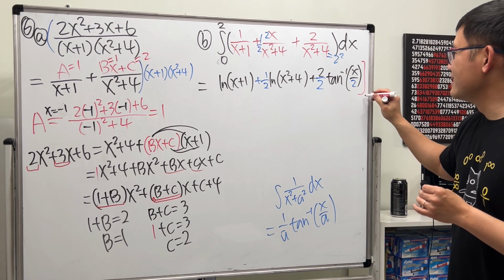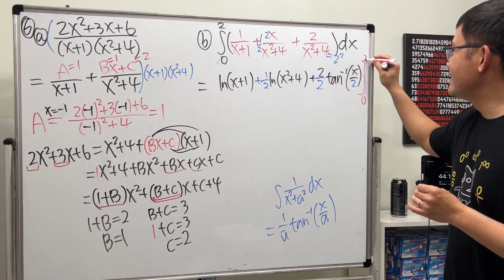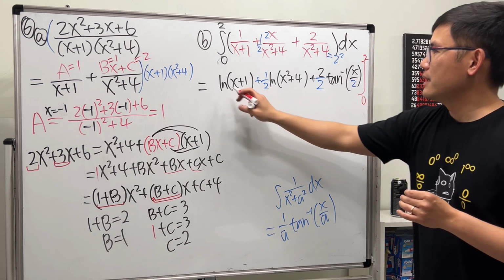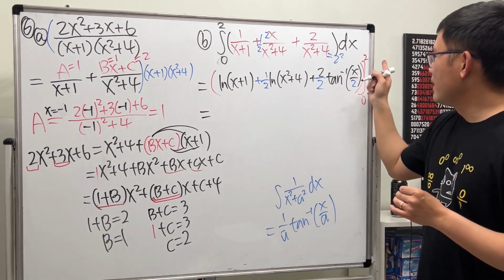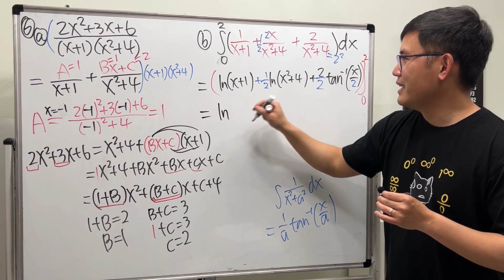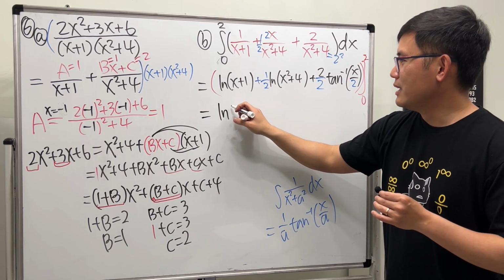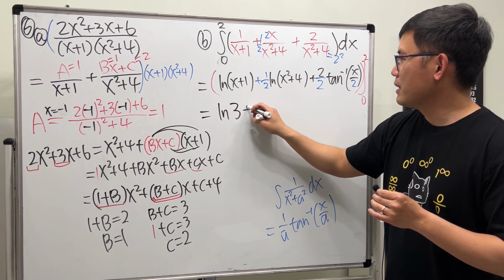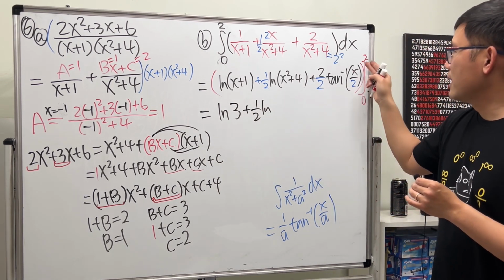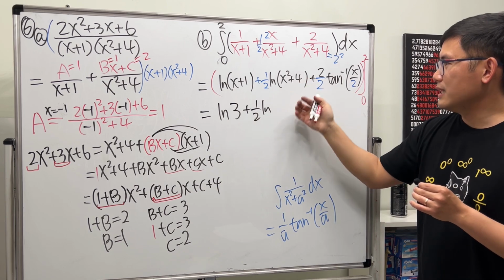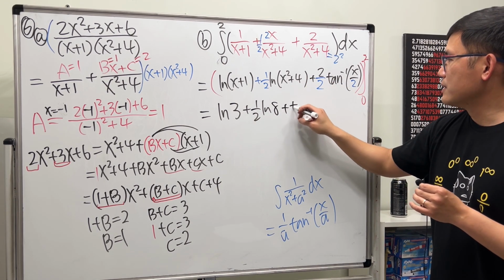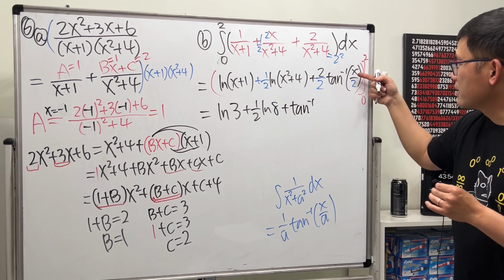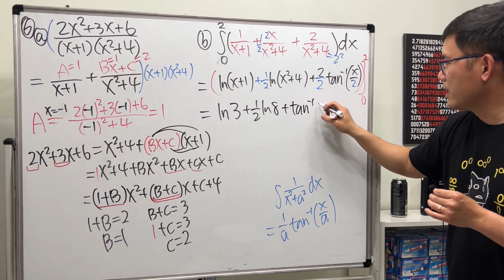And then plugging in numbers. Okay. Plugging 2, I'm just going to work this out. So plugging 2, 2 plus 1 is 3, so ln 3, and then plus 1 half ln. Plugging 2, 2 squared is 4, 4 plus 4 is 8, so 1 half ln 8, plus this is 1, and then inverse tangent of, plugging 2 in here is just inverse tangent of 1.